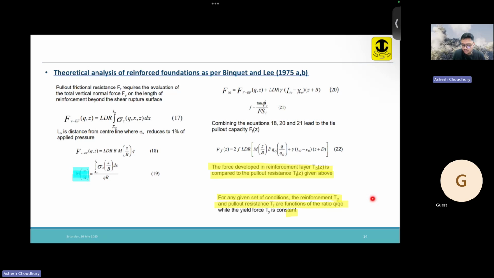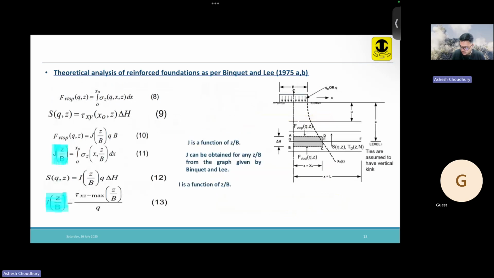So from where to where shall we integrate? We have to integrate from this point to this point, from X naught to L naught, because this is the length that actually lies beyond this rupture plane, rupture surface. That is our embedment length.